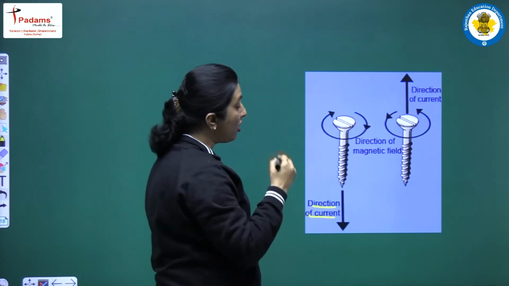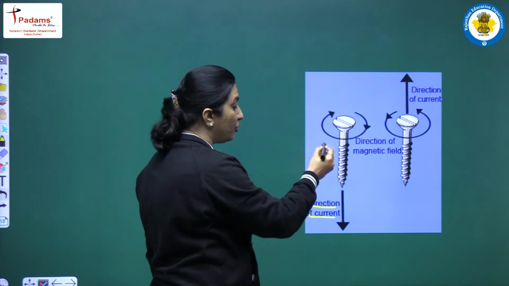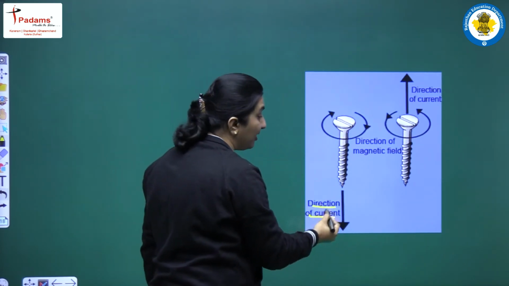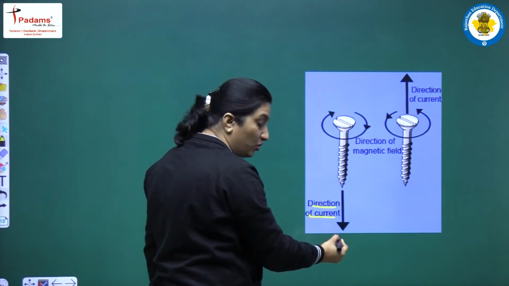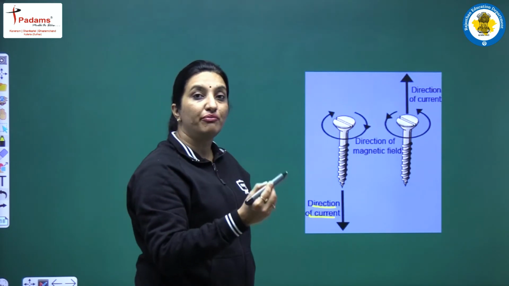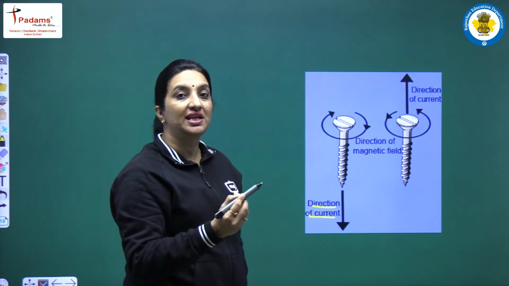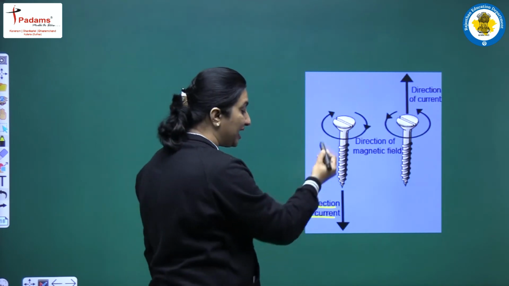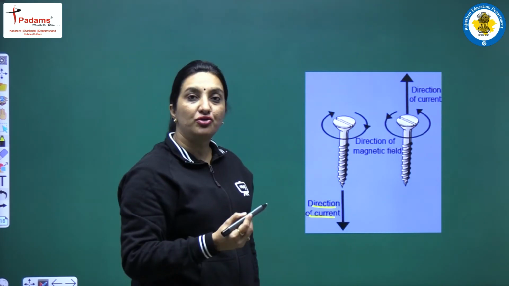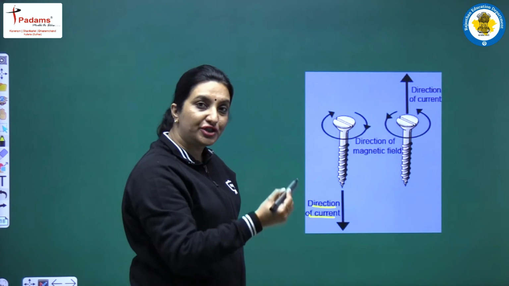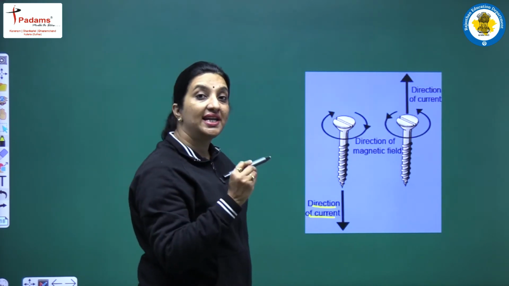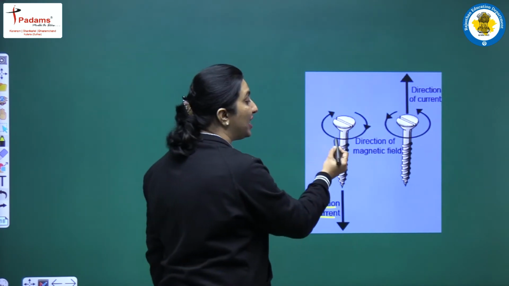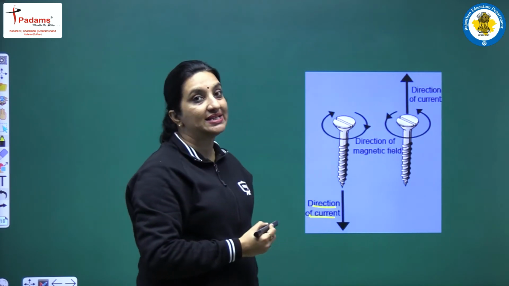So if on rotation the corkscrew is moving downwards, then the direction of current is downwards, because the direction of motion of the corkscrew gives us the direction of the current. So if the direction of current is downwards, then we will rotate the corkscrew so as it moves downwards. Then the direction of rotation will give us the direction of magnetic field.